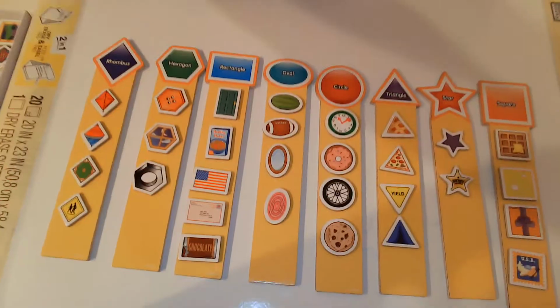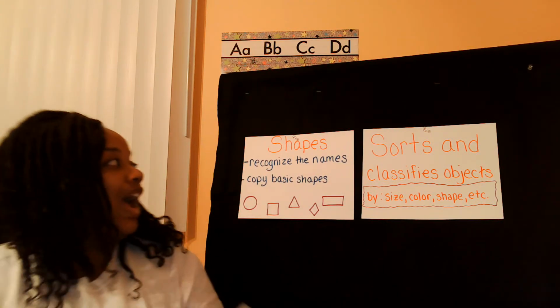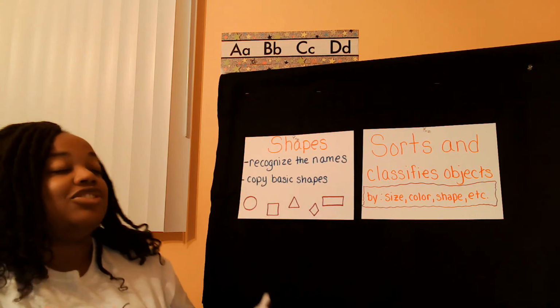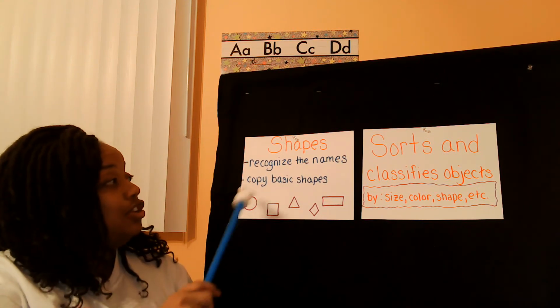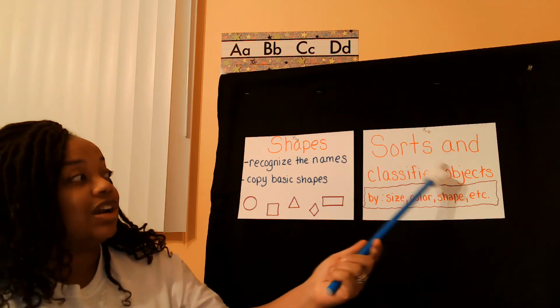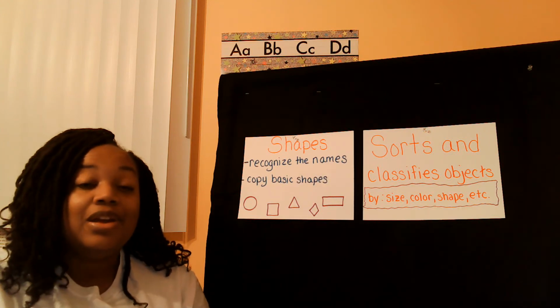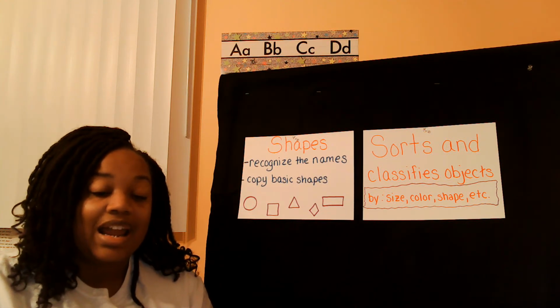All right, friends, you guys did a wonderful job today. You actually recognized some shapes. You were introduced to some shapes, and you were able to tell me which one it was. And then we sorted some of those pictures by their shape. So you did an excellent job today.